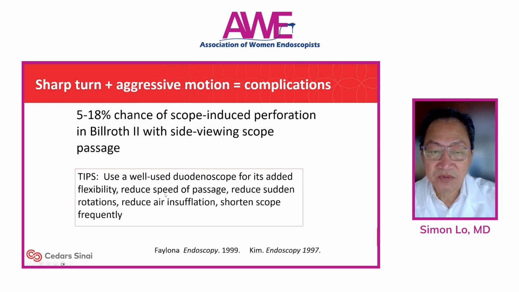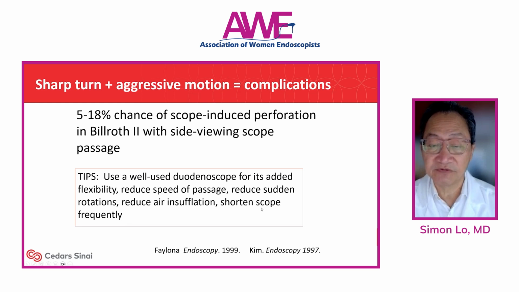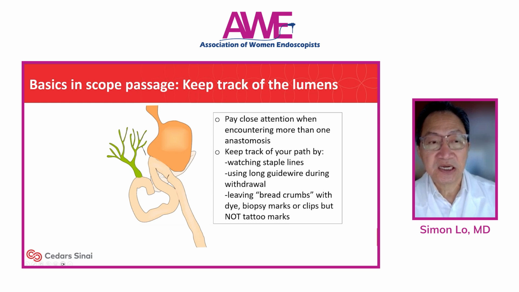So when you're using a duodenoscope to navigate through these altered anatomies, you need to make sure that you can see your lumen well, reduce the speed of passage, reduce sudden rotations, make sure there's no excessive air insufflation, and you have to shorten the scope frequently to minimize these risks.